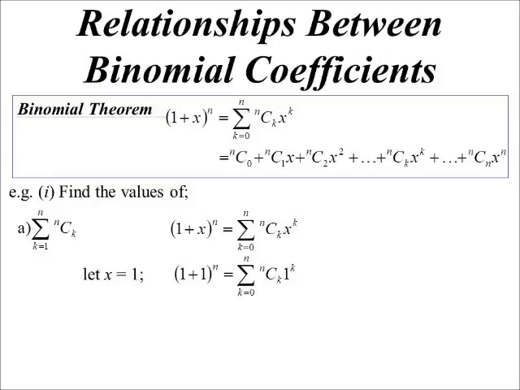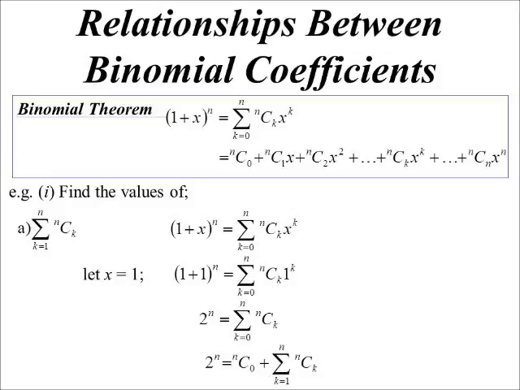But as noticed, this one goes from 0 to n. So 2 to the power of n would be the value of every single coefficient. That in itself is handy to know sometimes too. So that all the coefficients add up to 2 to the power of n. But that's not the question we're doing. We need to subtract that first term.